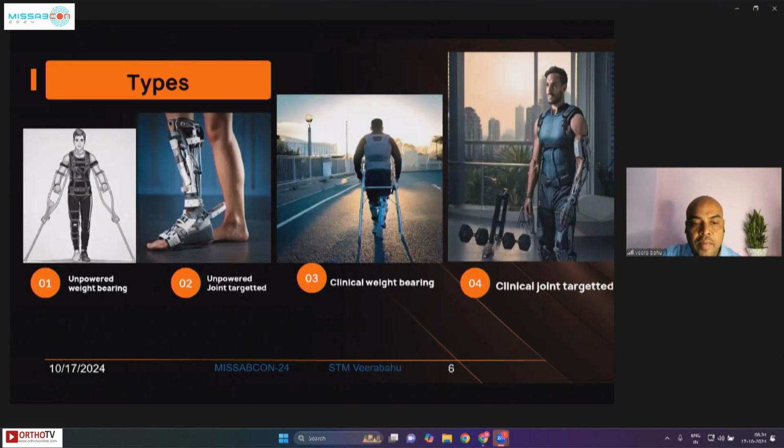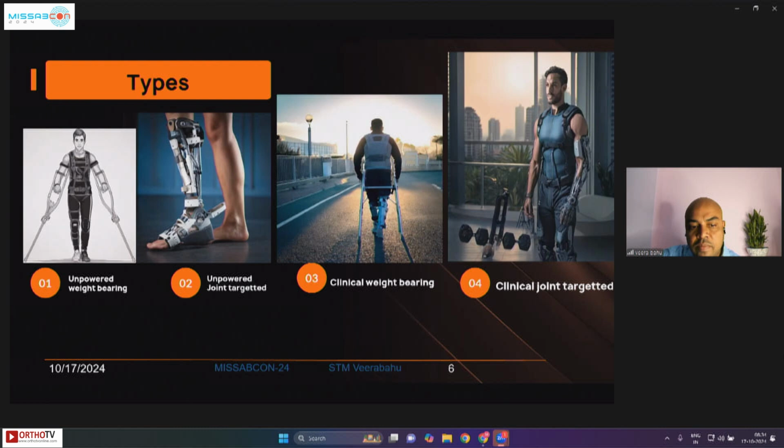And when I come to the types of exoskeletons, we can probably say there are 4 different types, which can be broken down a little more. One is unpowered weight bearing systems, which are complete systems.